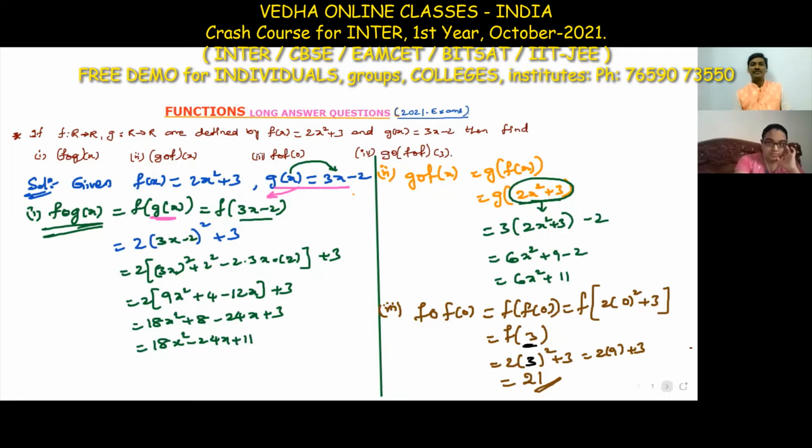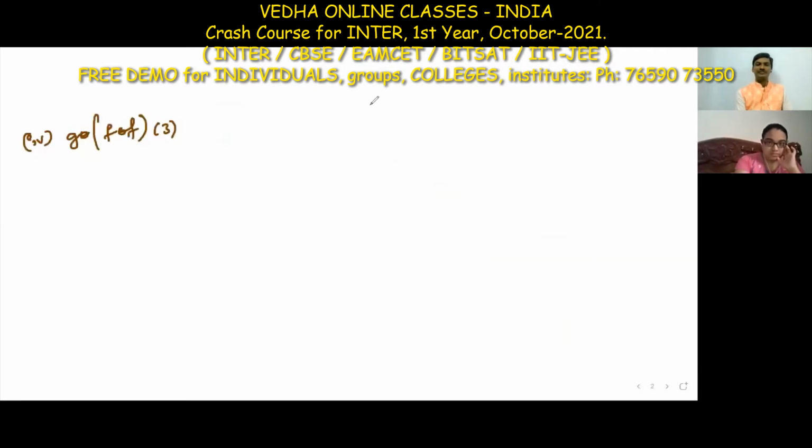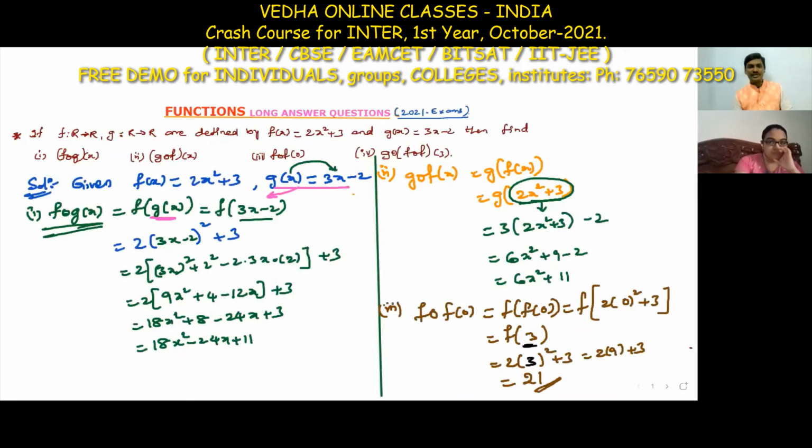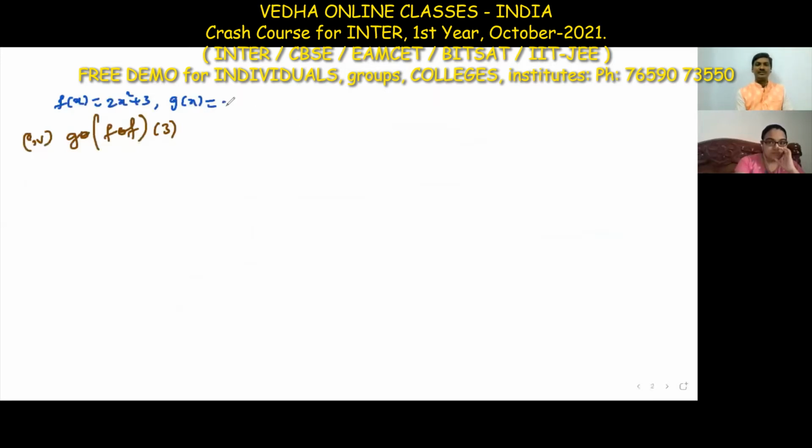Once again I am writing here: f of x is 2x square plus 3, and g of x is 3x minus 2. I am writing it here so that we can solve it easily.